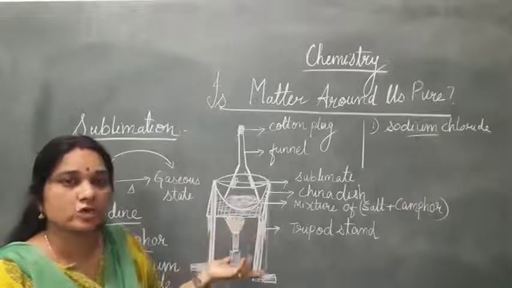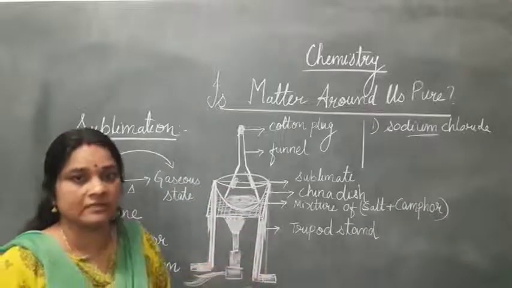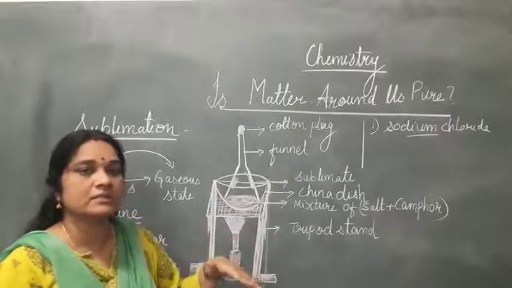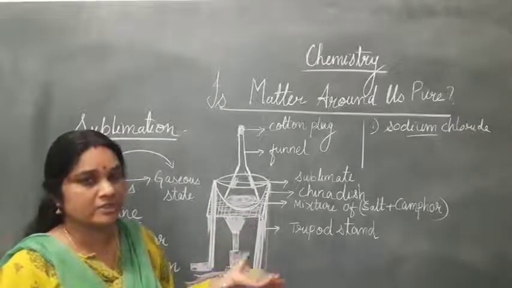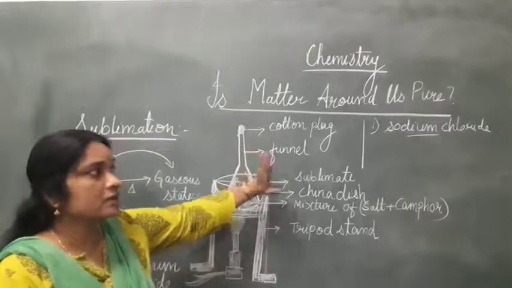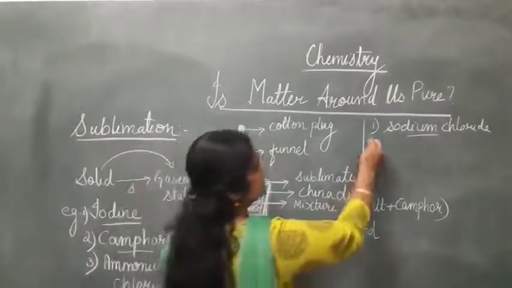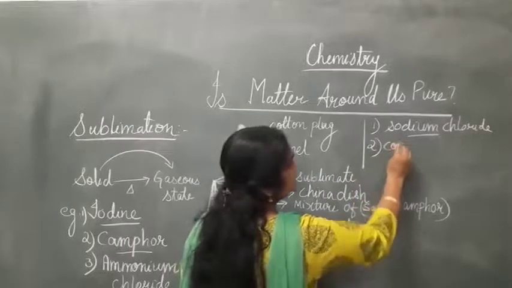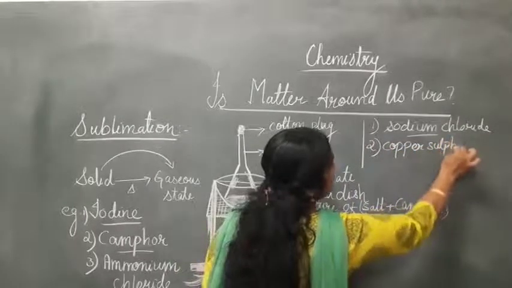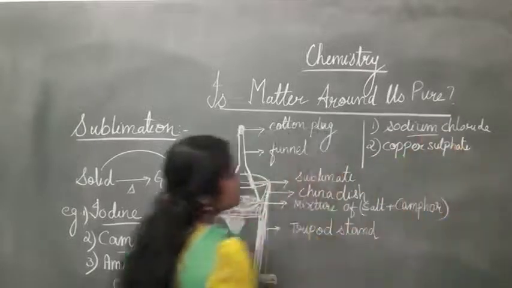Other examples of non-sublimable substances are copper sulfate, potassium dichromate, potassium permanganate. Sodium carbonate, sodium sulfate, sodium sulfide are all different kinds of salts which you have learned. Copper sulfate is also a non-sublimable substance.